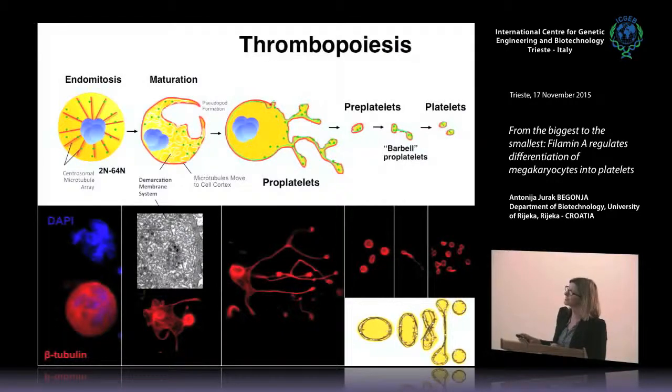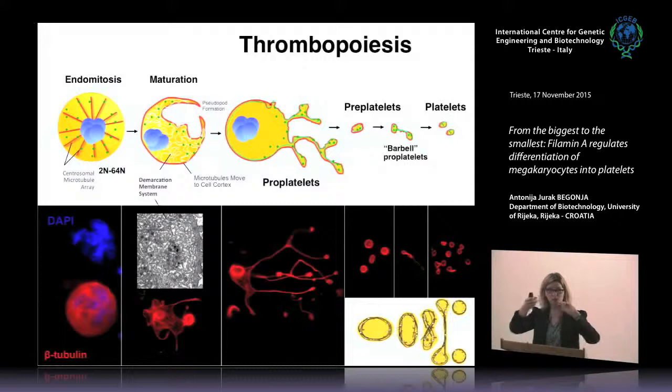The cytoplasm is extended with platelet-size beads along its length with branches, and finally on the tips of these proplatelets, preplatelets will be released. Preplatelets are larger platelets, around 6 microns, and these intermediates can form barbell-shaped proplatelets, which are able to twist and, under fission, break into 2 mature platelets.